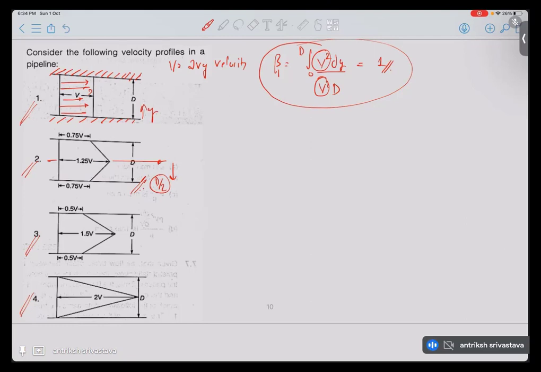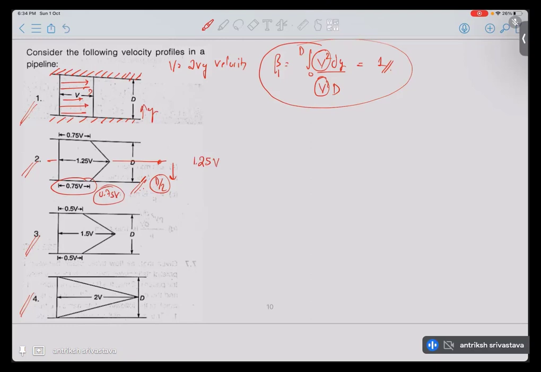So can you write what is the velocity as a function of depth in this case? It is maximum at the center, and it is linear. You don't have to assume any quadratic or any polynomial. So it is 1.25v at the center and it goes to 0.75v. What is the difference here?